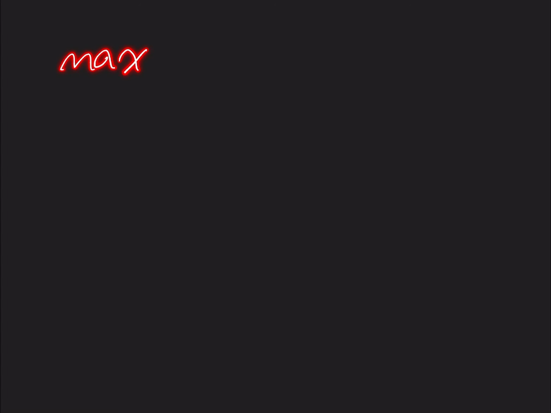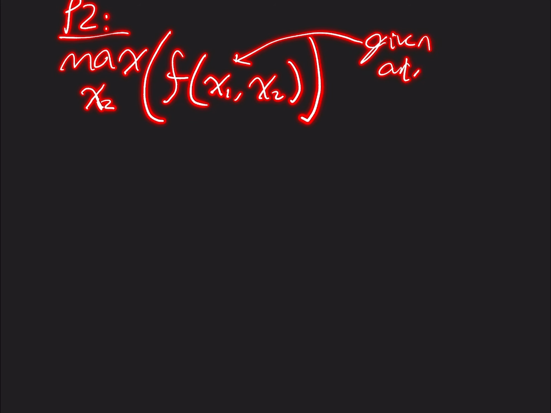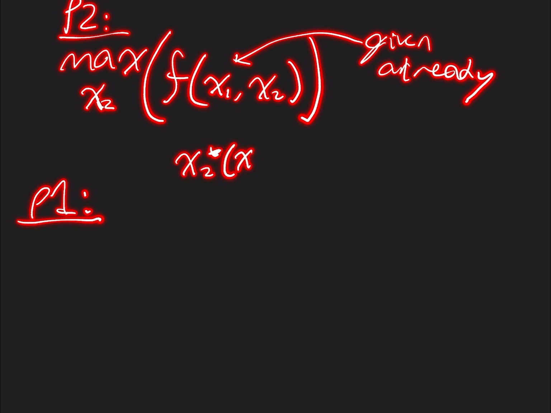What you do is you first look at person 2. They pick their response, seeing what person 1 picked. And then for person 1, in that remaining choice, now x2 is going to be a function of x1.